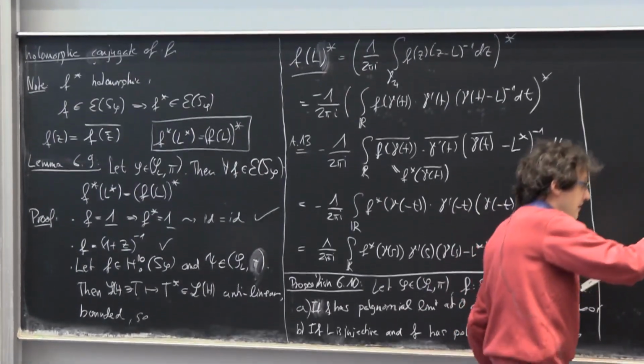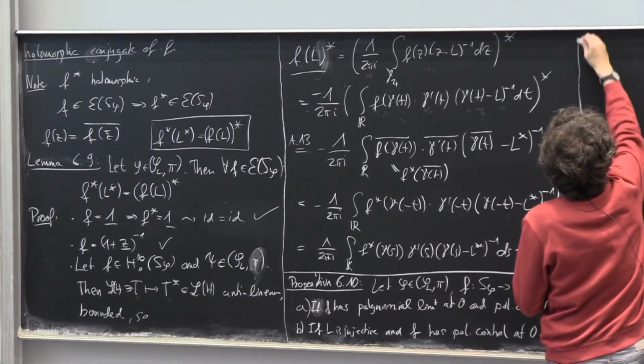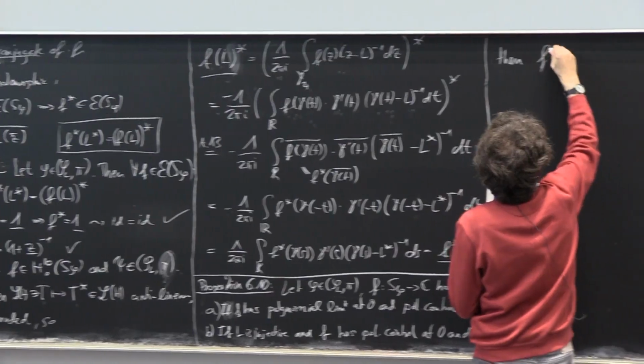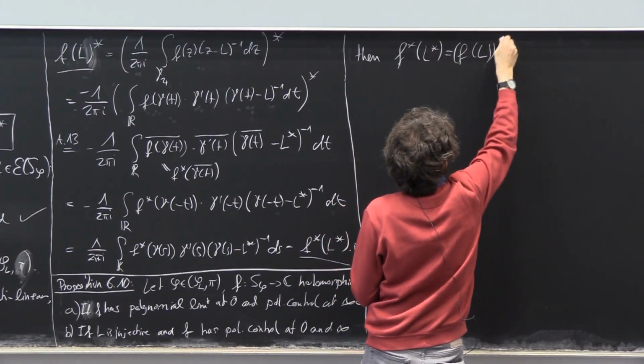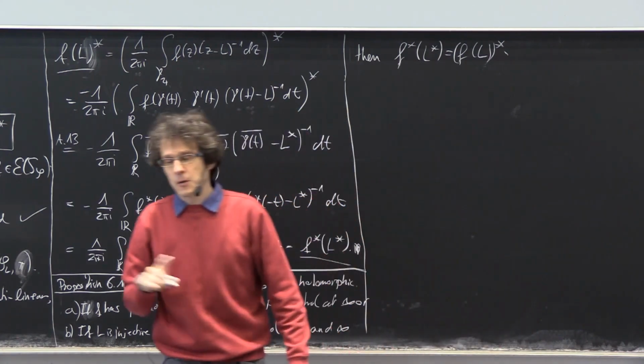In these two cases, the formula we want to have holds true again, so f star of L star is the same as f of L star, even with equality of domains.